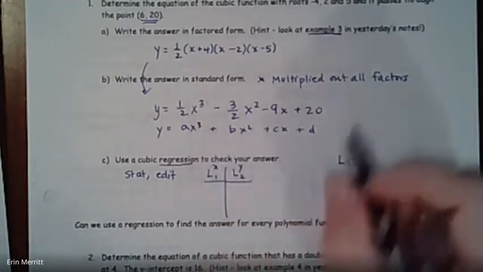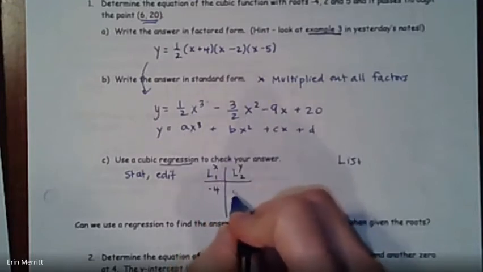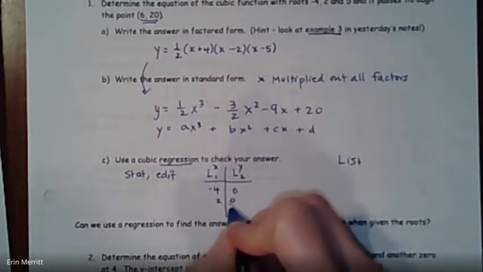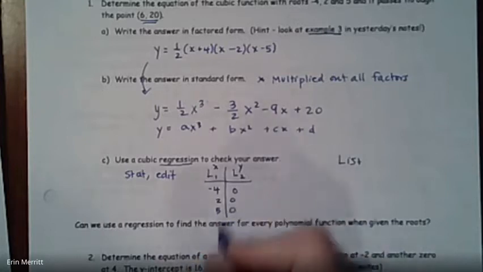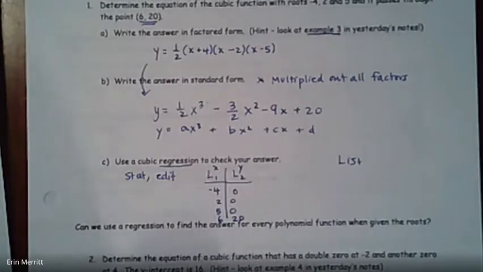Since your roots are x-intercepts where the y values are 0, you'd have (-4, 0), (2, 0), and (5, 0). And then we have that one extra point, that's (6, 20). So into your calculator is what I want you to do right now.